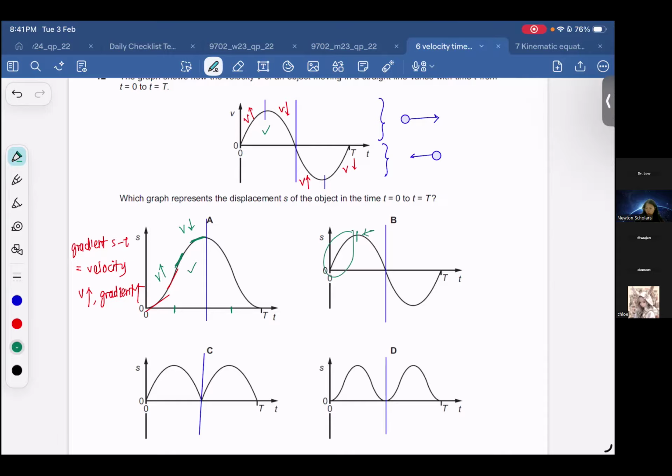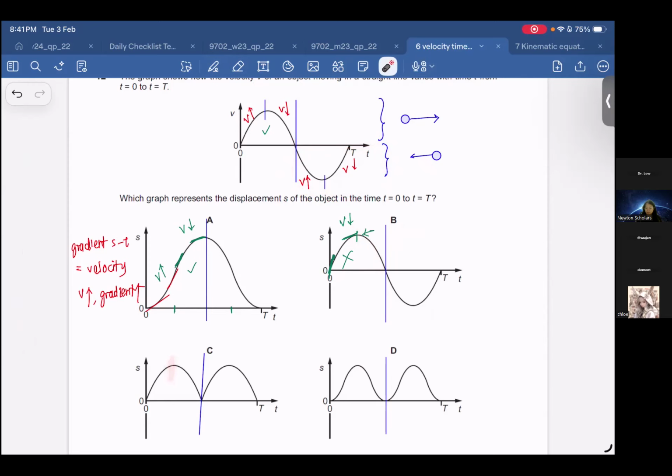Okay, B here is incorrect. Why? This part is also incorrect. The first part is also incorrect. You see this one and here, this means that velocity decreases. So the first section is wrong. Somemore, starting from here it already starts to move backward. But no, we start from the half of the journey, and only then change direction. So B is wrong.